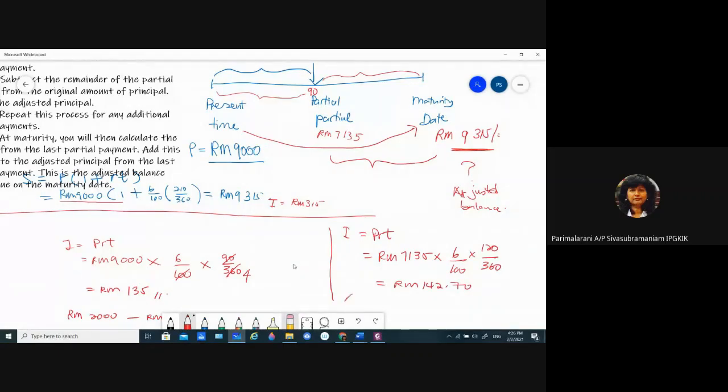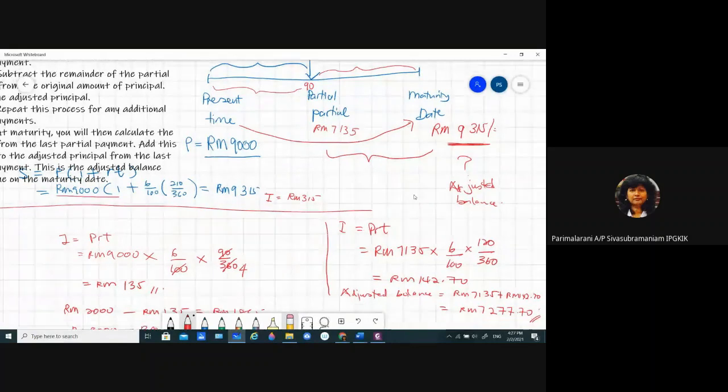Okay, so finally our adjusted balance, the new balance, is the new principal plus the interest. So this is 7,277 ringgit and 70 cents. So now we have to pay this.